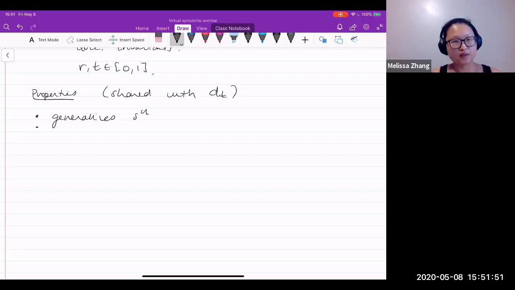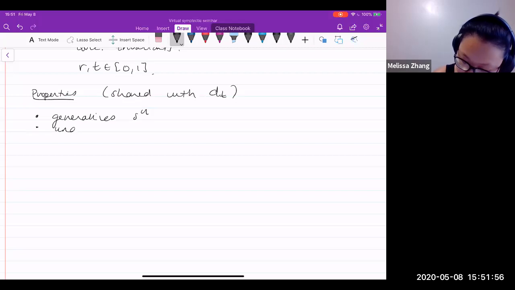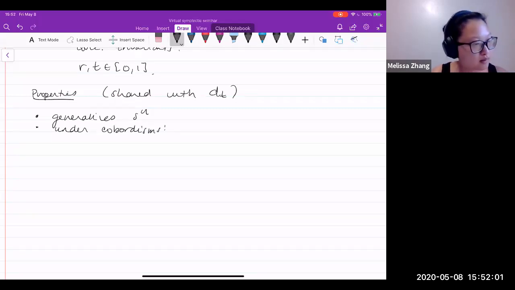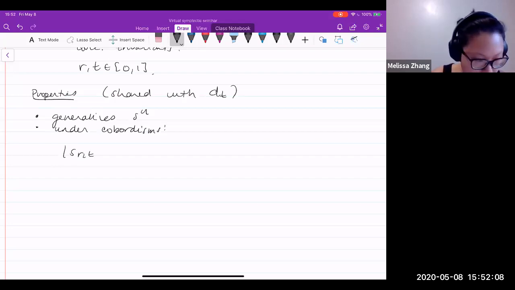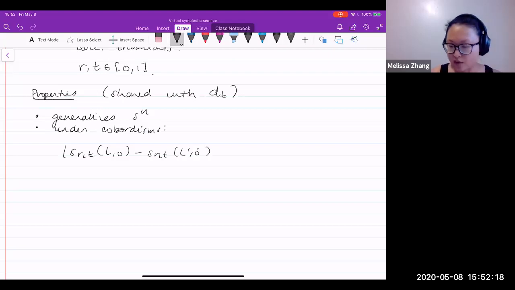It behaves well under cobordisms. You can get some bounds. So if you have an oriented link and then there's a cobordism to a different oriented link, you can bound how this Rasmussen invariant changes.